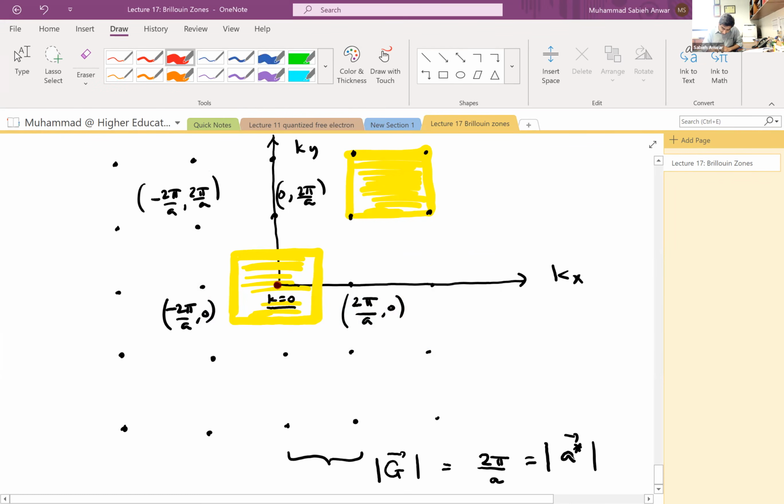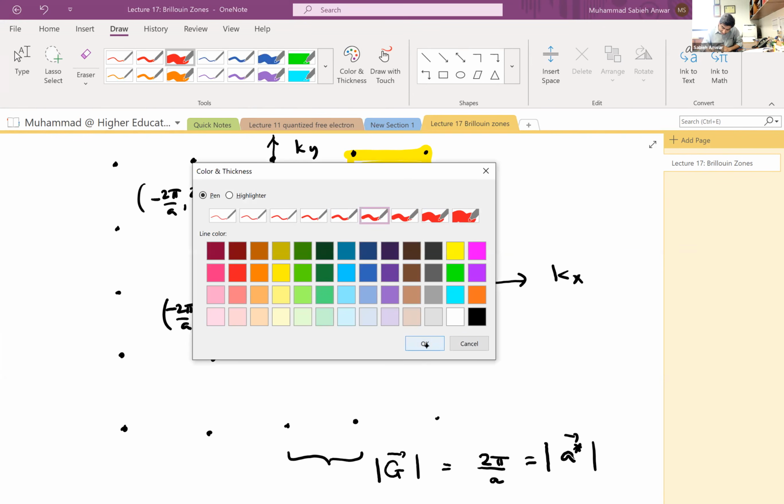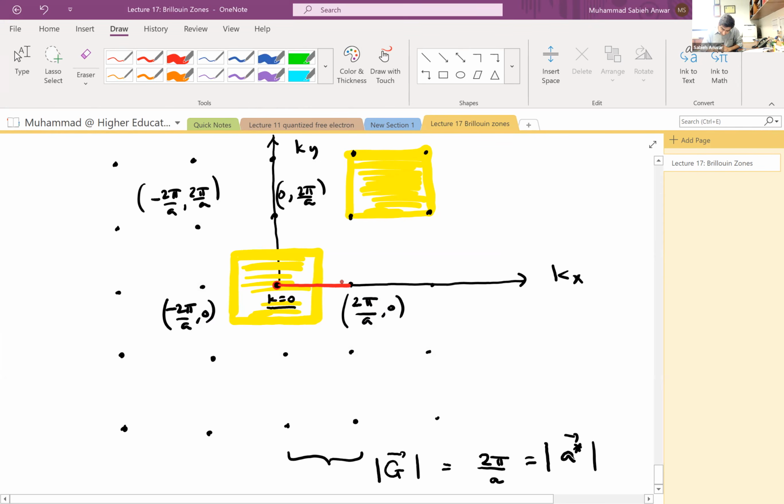I take my k equals 0 point. I look at my reciprocal lattice. I look at my neighboring reciprocal lattice points, which are closest to my origin. So here is one point, here is another point, here is another point, and here is another point. So this point has four closest neighbors.